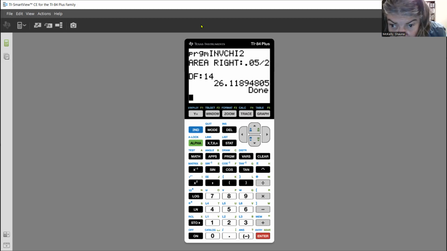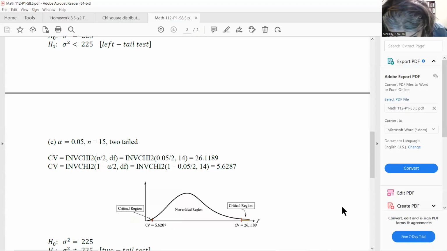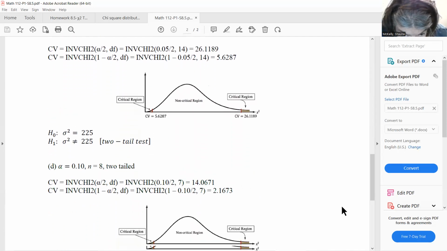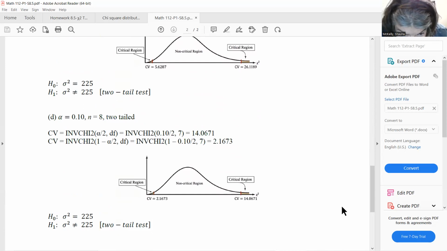And there it is, 26.1189. Remember, since this is a two-tailed test, you'll have equal to versus not equal to.